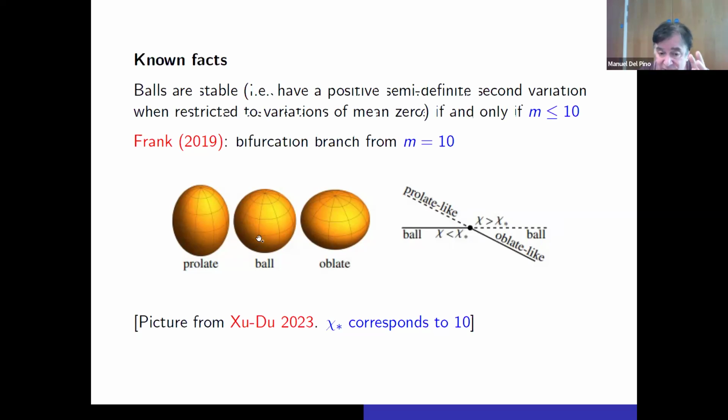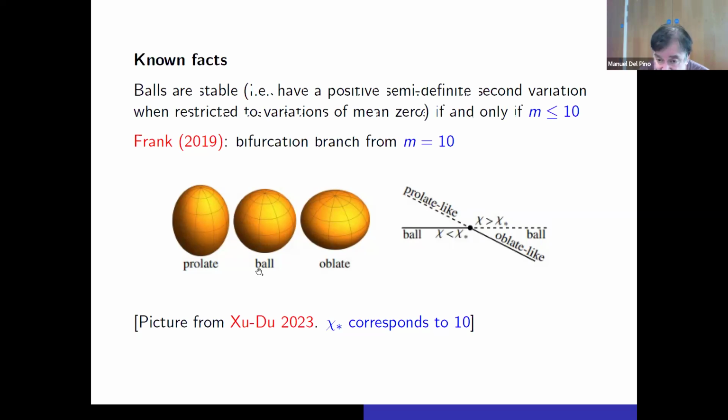The ball is deformed, making the poles one closer to the other. That's the oblate, and the opposite effect is called prolate. Prolate is what you see to the left. You have the balls here which are minimizers, and here you see mountain passes coming out that have this shape.